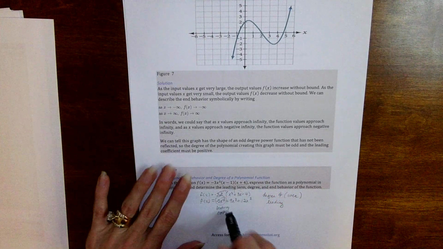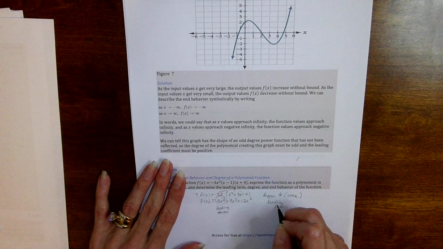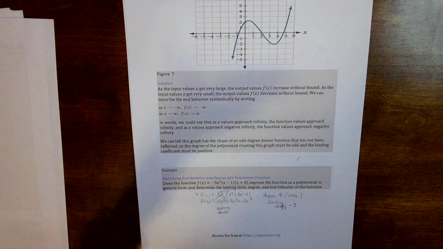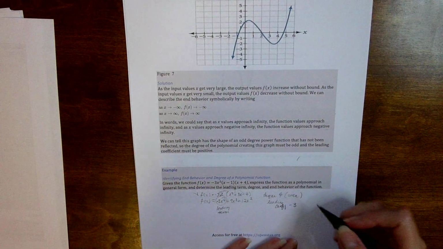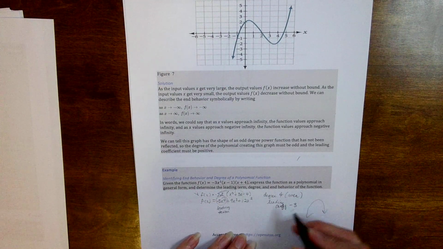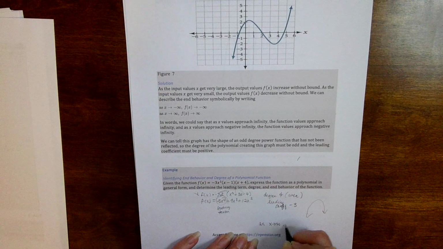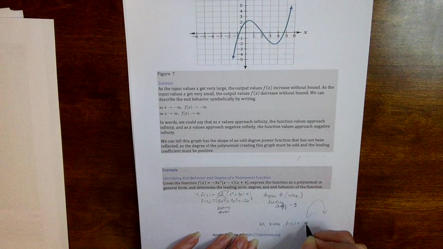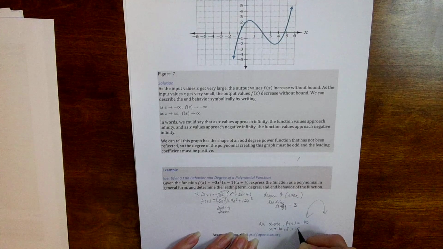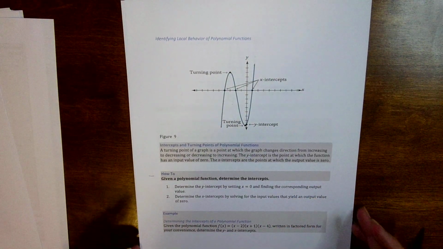So this is my leading term, and my leading coefficient is negative 3, so we know that it's going to be pointing down. It's going to look something like this. So as x approaches infinity, f of x will approach negative infinity, and as x approaches negative infinity, f of x will also go to negative infinity.